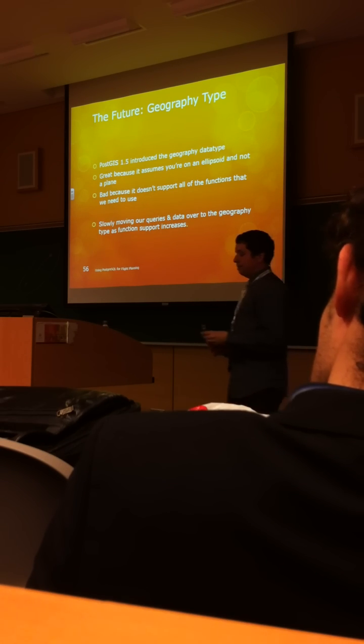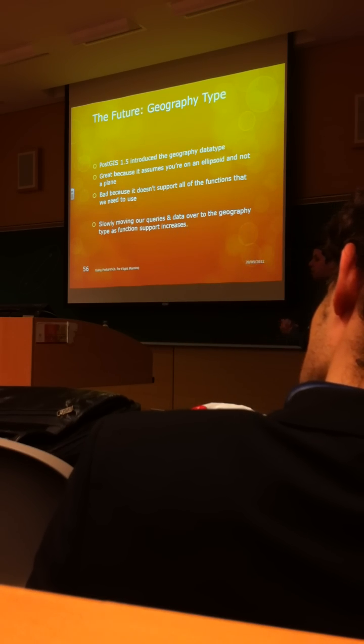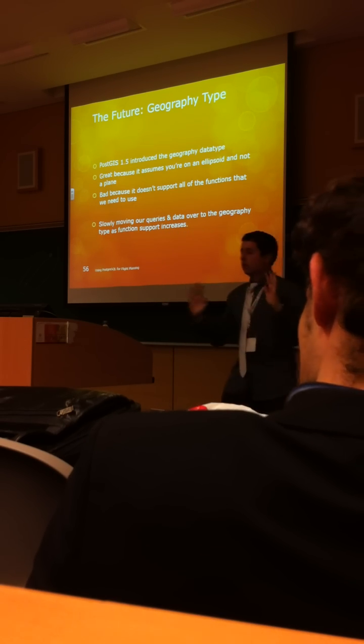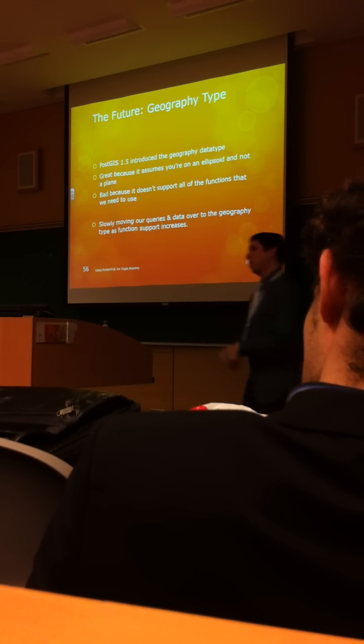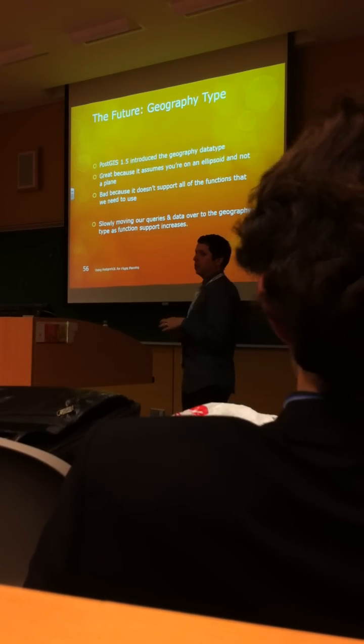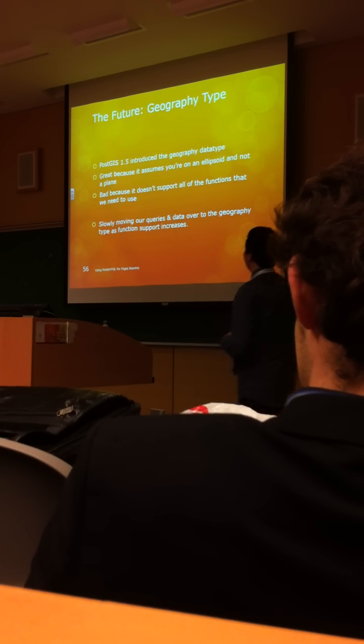So the future. Paul mentioned in his keynote that PostGIS just assumes that everything's on a flat plane. Starting in 1.5, we introduced what's called the geography type, which assumes that you're actually going to be on a sphere instead. So this is great because I don't have to use all the spheroidal functions. That's not a word.